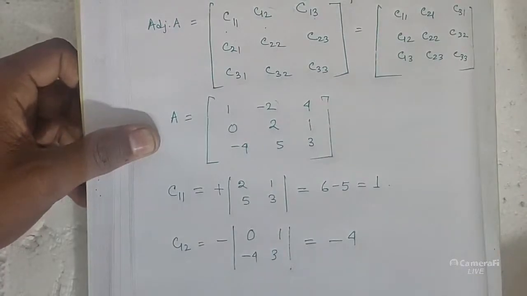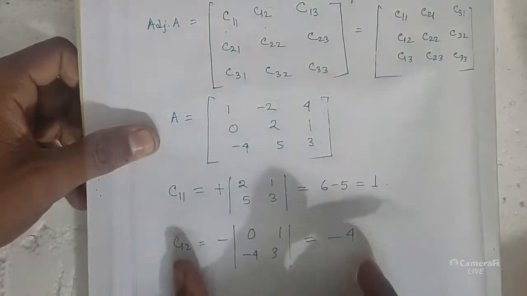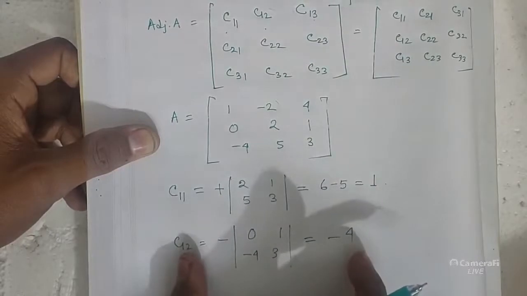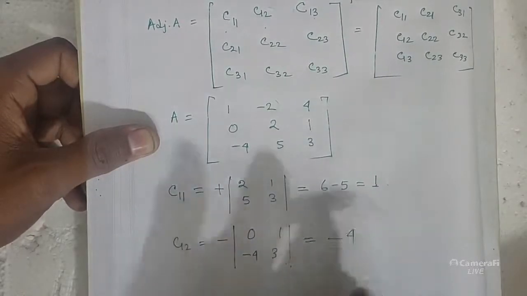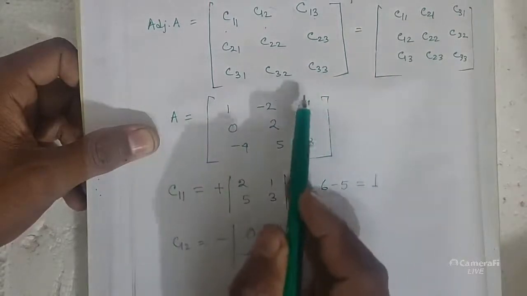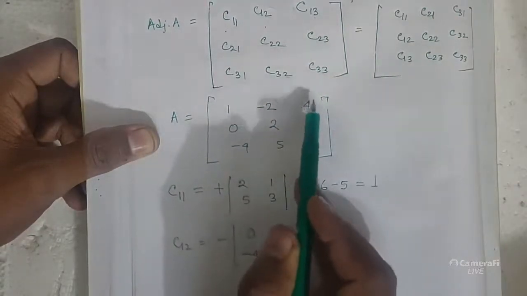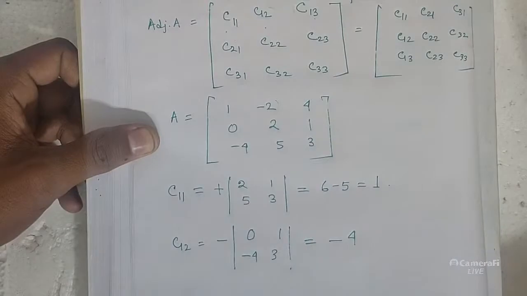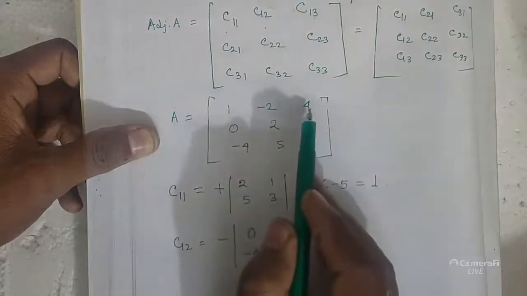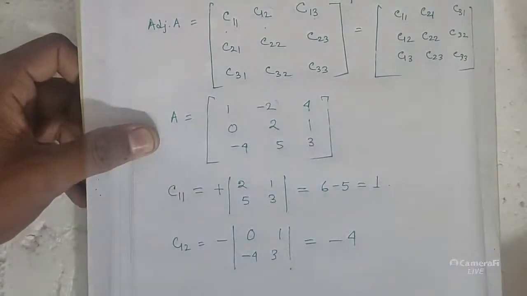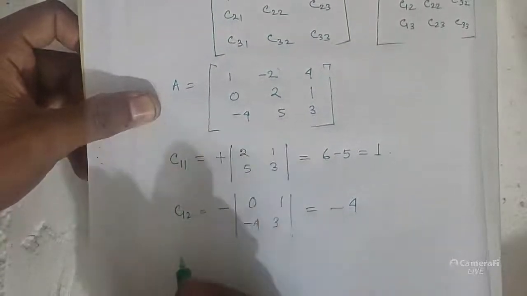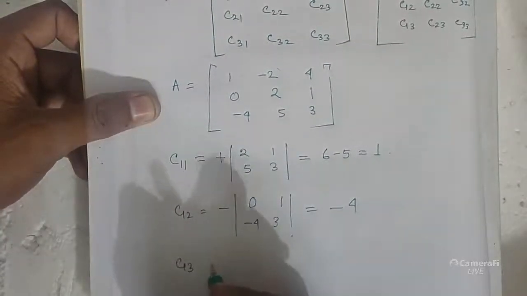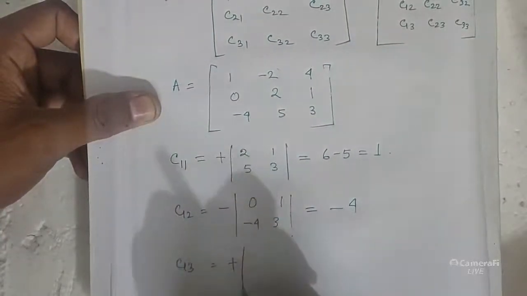Anjali, understood how to find the cofactors? Similarly, we have to find the cofactor of this element 4. What is the sign of this 4? Plus. So the C13 sign is plus.